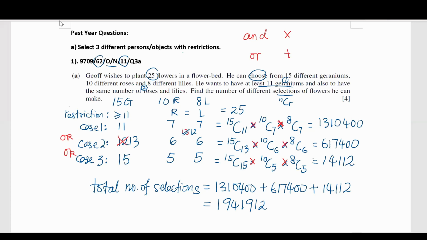All right. So in general, when we find the number of ways within the same case, we multiply the total number of ways. But if we are considering different cases, we sum up the number of ways, right? So multiply or plus. All right. So that is the number of ways for question 1.